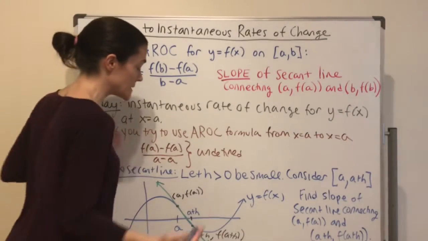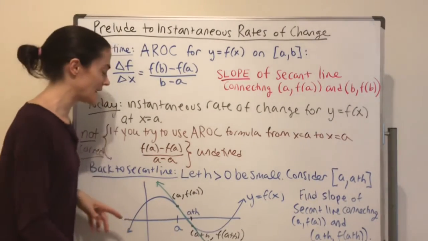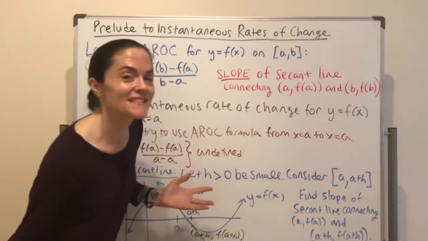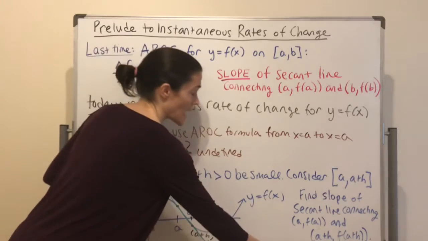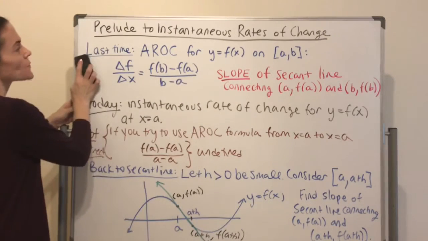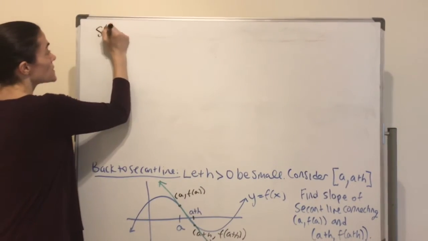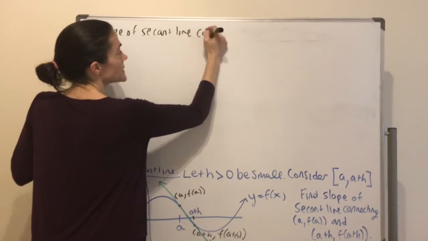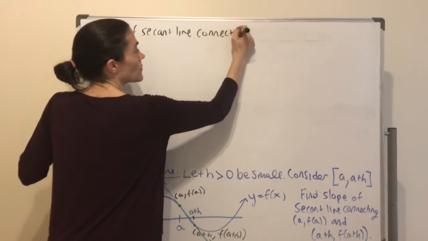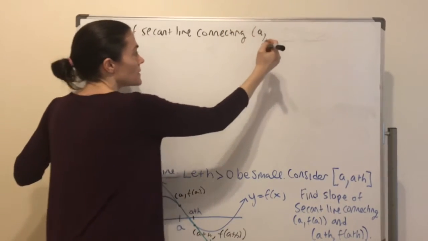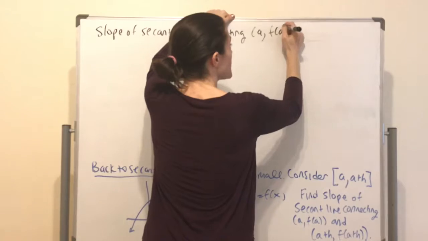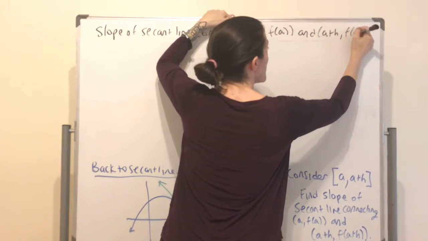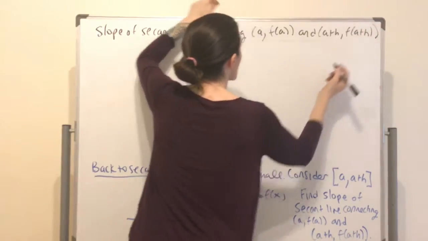Now, you see it in the picture. The green is the secant line, and the slope of the secant line is the average rate of change on the interval from a to a plus h. So let's write this out. The slope of the secant line connecting a comma f of a and a plus h comma f of a plus h, okay?